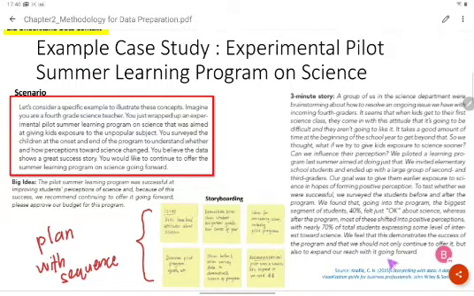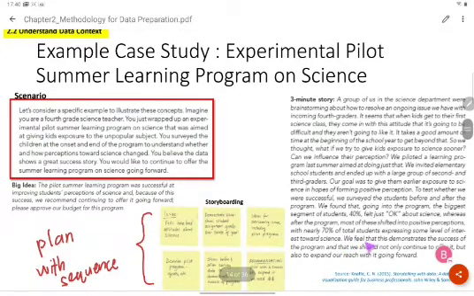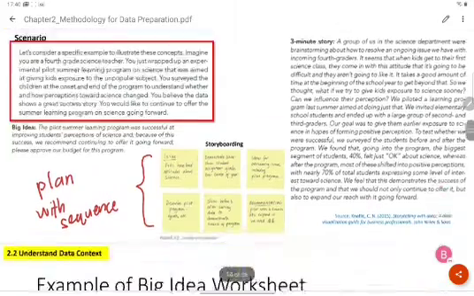And then it says that this demonstrates the success of the program, and we should continue to offer and expand it, because the success is more students. There are more than 50% of students who say they give 70% interest towards the science subject. Okay, so the 3-minute story is more detailed.